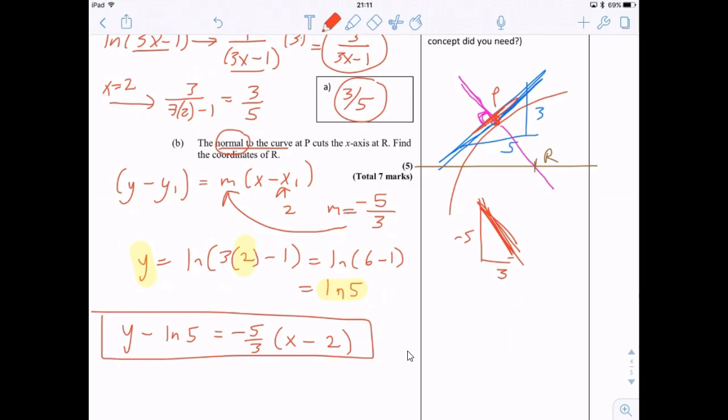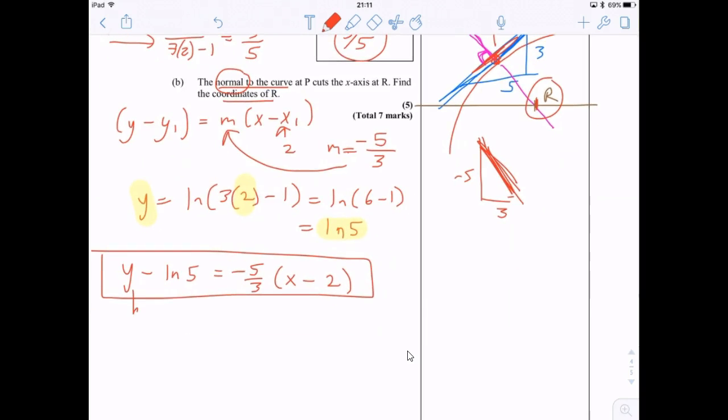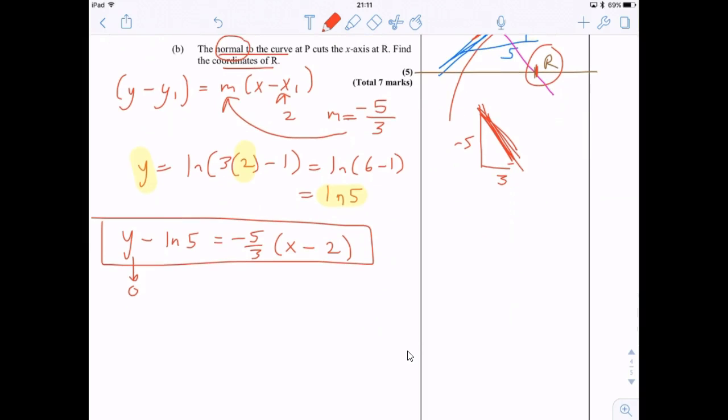Then finally it says, find the coordinates of R, which happens to be the x-intercept. What's so special about the x-intercept is that the y-coordinate is 0. So now we can just put 0 in for y, and then we can find the x-intercept, right? So if we put 0 in for y, basically we have natural log of 5 equals negative 5/3 x minus 2.